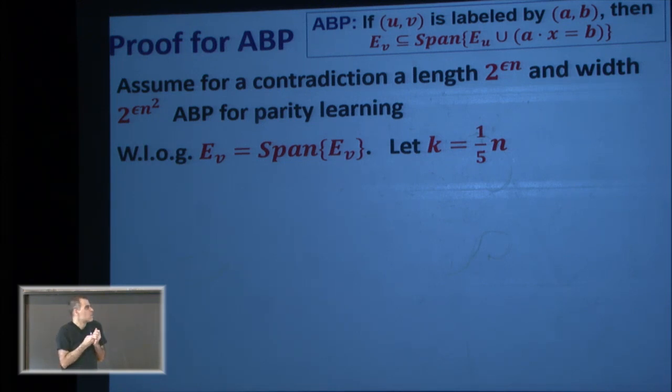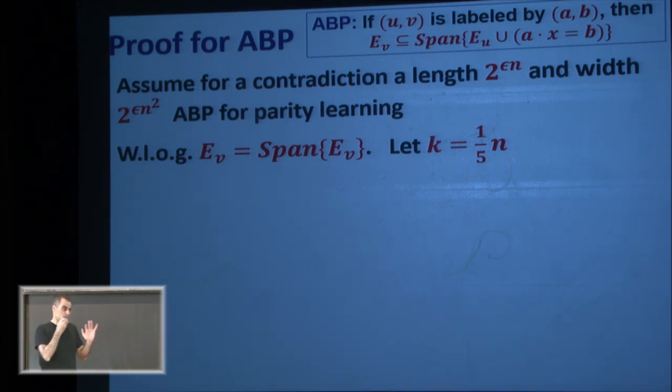Okay, so what I'm going to do now is the proof for the affine branching program. We want to show that an affine branching program will output the correct x with small probability. So let's assume that we have an affine branching program of length 2 to the epsilon n and width 2 to the epsilon n squared, where you think of epsilon as an extremely small constant.